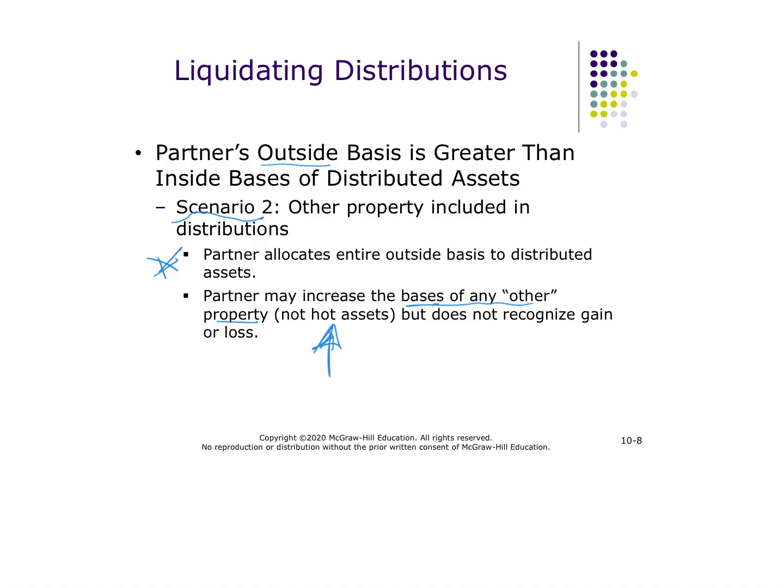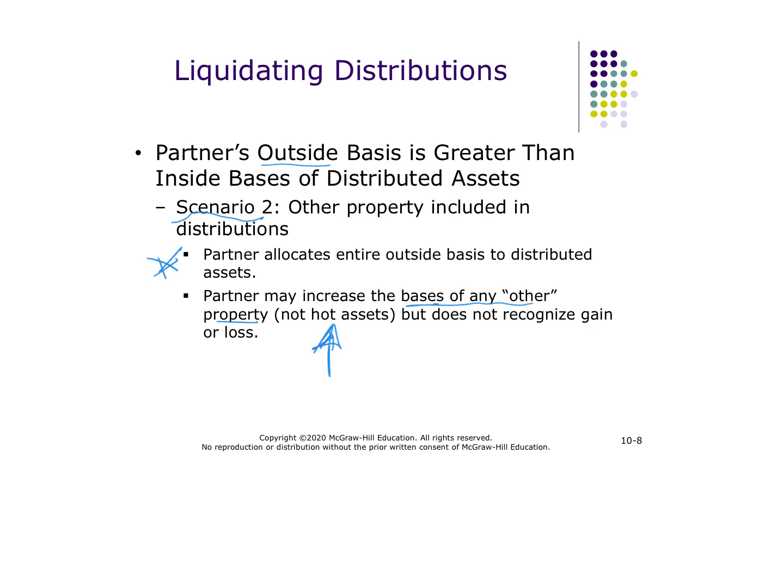You cannot increase the basis of hot assets, okay? And the reason for that is if you increased the basis of those hot assets, then that would distort the amount of ordinary gain that you would recognize potentially upon the sale of those hot assets, okay? If you could increase the basis of those hot assets, then you could change the amount of gain that you would have to recognize a year from now when you sell those hot assets, okay?